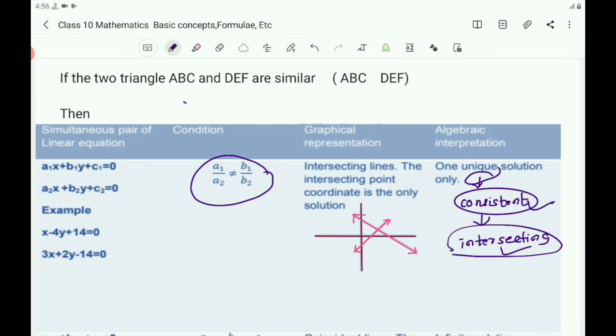Here a1 by a2 is not equal to b1 by b2. It is very important. In the question paper there will be a question: the following pair of linear equations is consistent, inconsistent, or dependent.